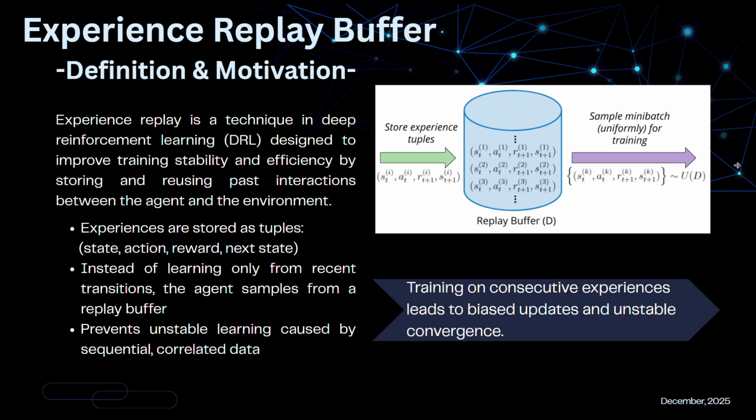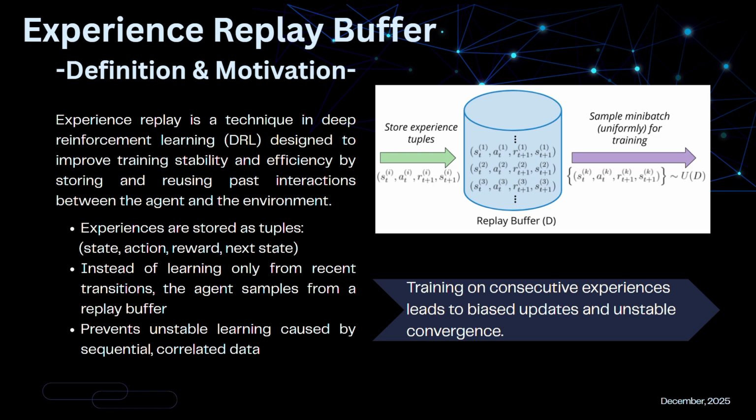The first thing you need to know about is the experience replay buffer, its definition and the motivation behind it. Experience replay is a technique in deep reinforcement learning, or DRL for short, designed to improve training stability and efficiency by storing and reusing past interactions between the agent and the environment. The experiences are stored as tuples of state, action, reward, and next state.